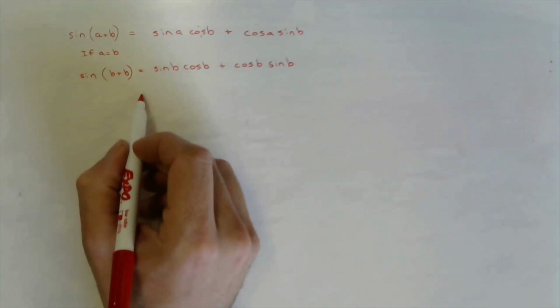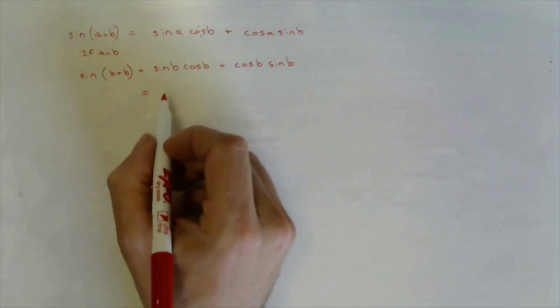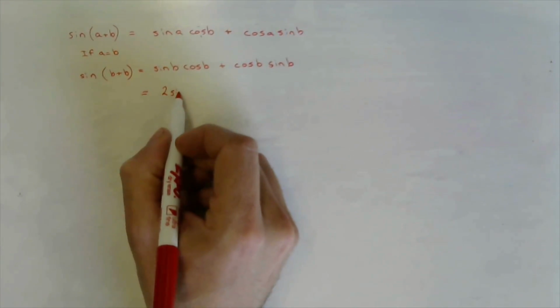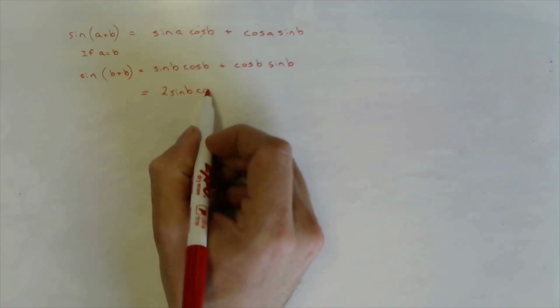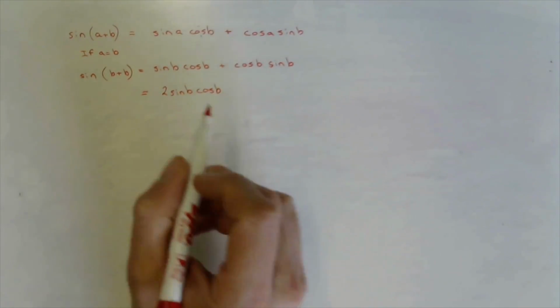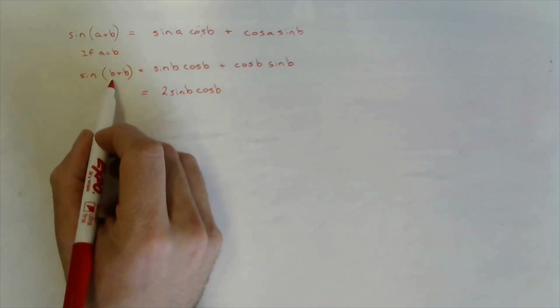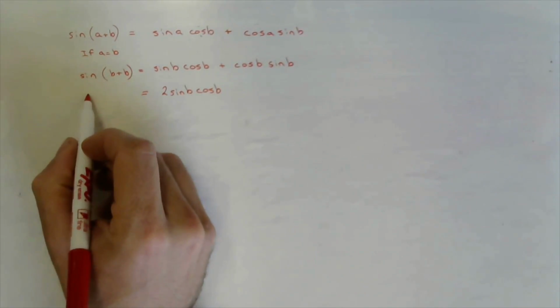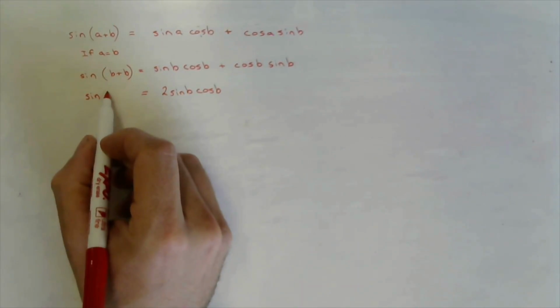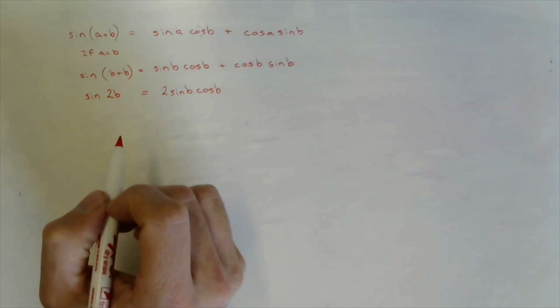The right side looks like 2 times the sine of B times the cosine of B. And the left side, in the bracket, you have B plus B. Well, that's just 2B. Sine of 2B.